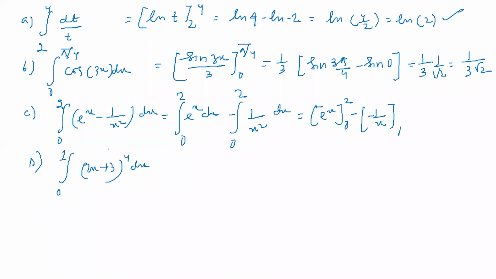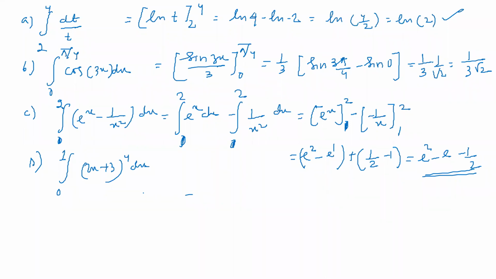Take 1 to 2 for the second part. You will put the limits, then it will be e to the power 2 minus e to the power 1 plus 1 by 2 minus 1, which is equal to e square minus e minus half. That is the solution.